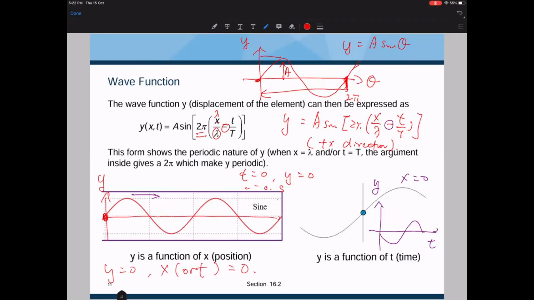But in real situations, it would seldom happen. Sometimes you might have the wave actually starting at the maximum point or the negative maximum point, so it drops like that.